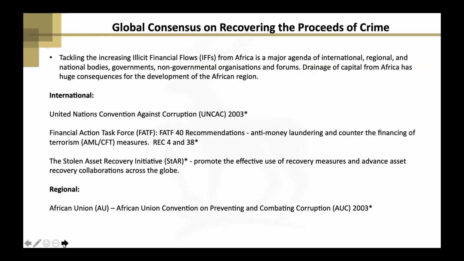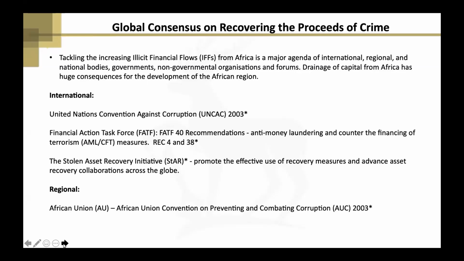So we have had initiatives from the United Nations, from the UNCAC, the Convention Against Corruption, and the Financial Action Task Force. We've got the Stolen Asset Recovery Initiative, which promotes the effective recovery of assets, helping developing countries with their asset recovery efforts, really. So we have the regional effort with the African Union, with the African Union Convention on Preventing Corruption.